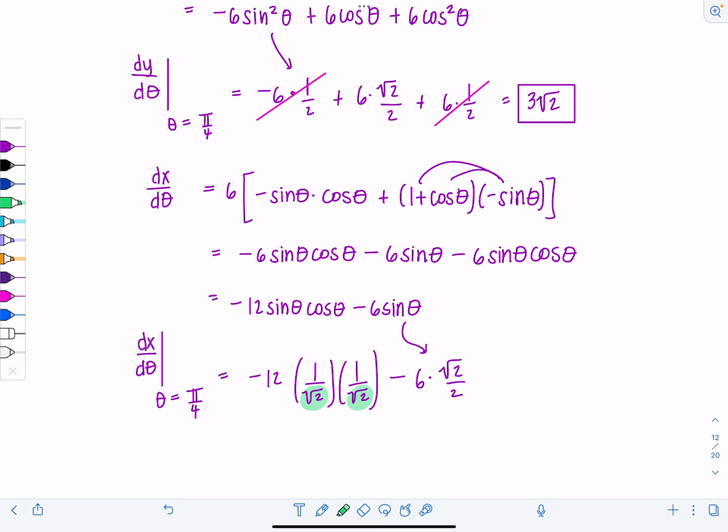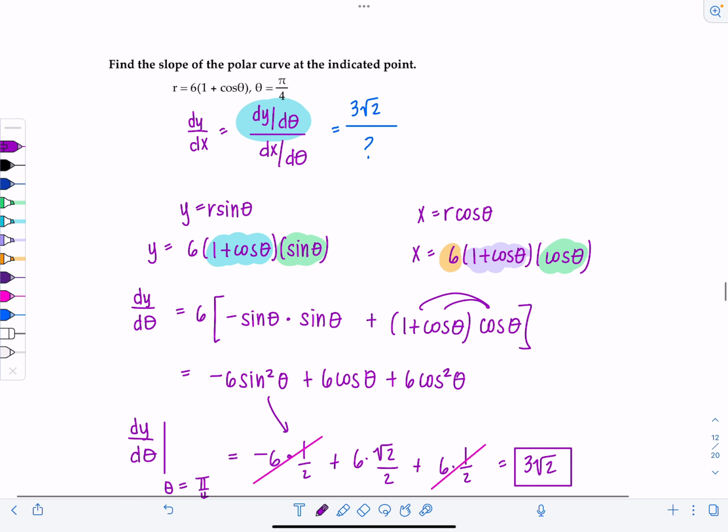Negative 12 times a half, that's negative 6. Minus, this is 3 rad 2. So that is dx d theta. So I can get rid of the question mark. And then I have negative 6 minus 3 rad 2.